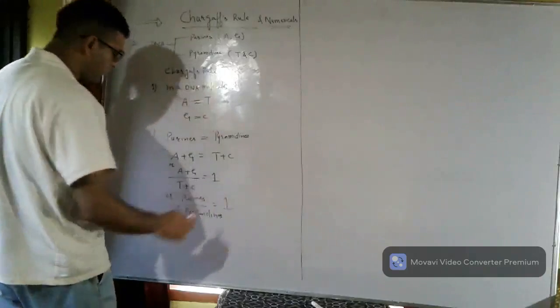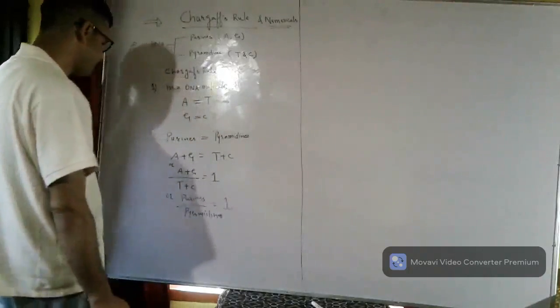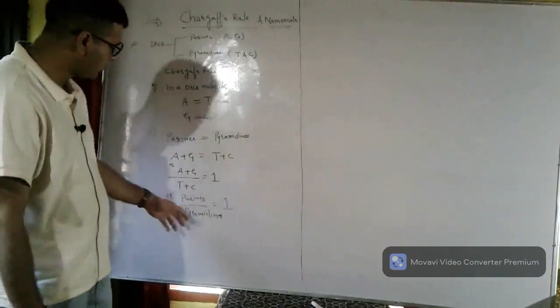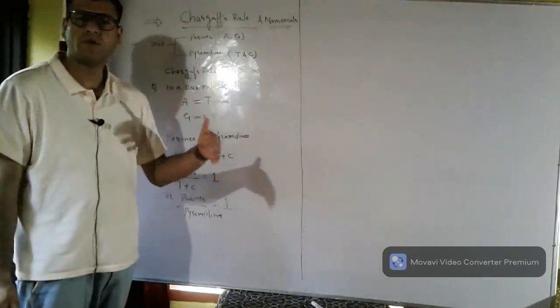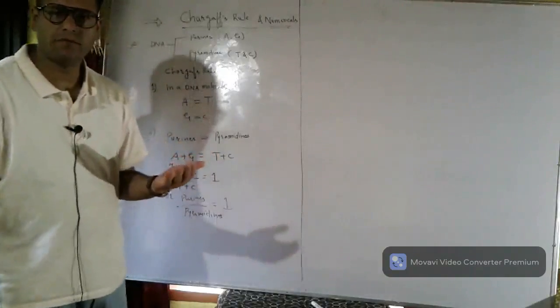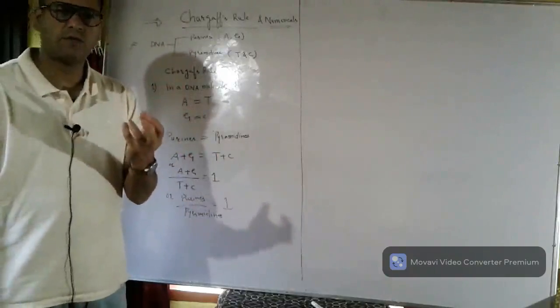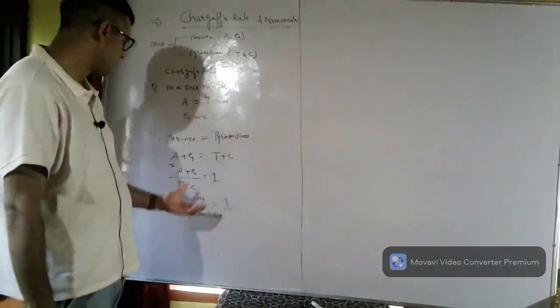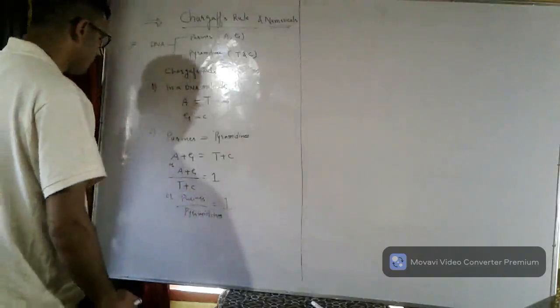So purine to pyrimidine is 1:1. That is, the amount of purine is equal to the amount of pyrimidine. This is rule number two.